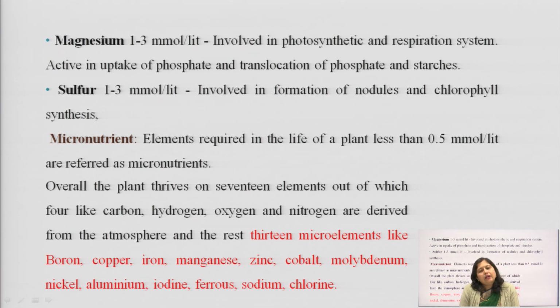Sulfur is required in a concentration of 1 to 3 millimole per liter, and it is involved in the formation of nodules and chlorophyll synthesis. So, these are all those minerals which are required in a concentration of more than 0.5 millimole per liter, and they all have a very active role in different processes inside the plant cells.